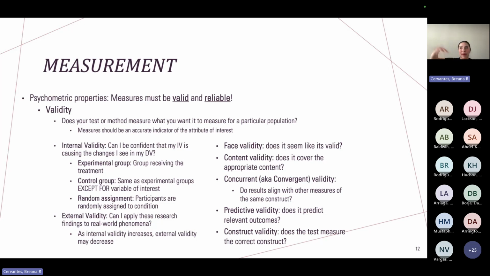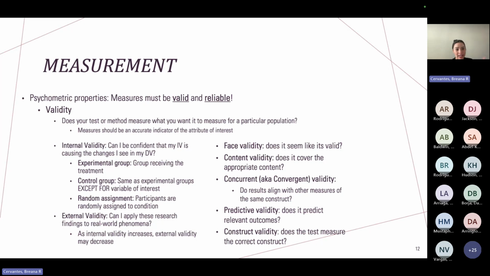There's something like the MAPS, and there's the one who teaches about authoritarian, authoritative, permissive, and I can't remember the fourth parenting style. I know that's a really clear established measure. I need to make sure that my new measure actually lines up with those other ones. So that's convergent validity. And then construct validity is, does this test measure the correct construct? So am I measuring the right thing?